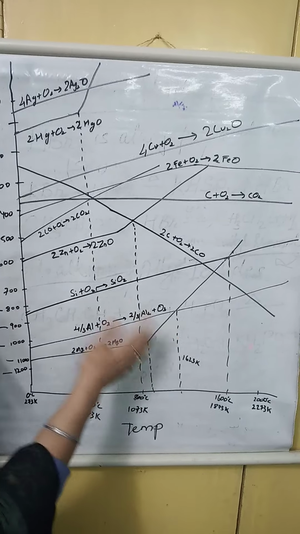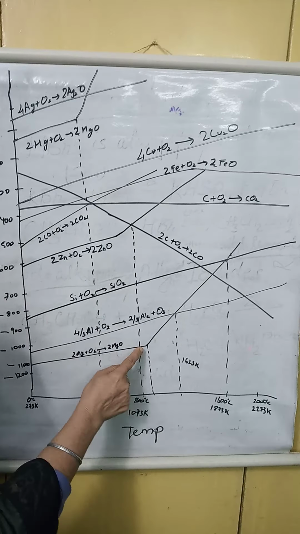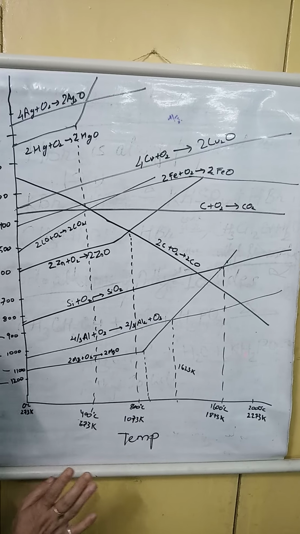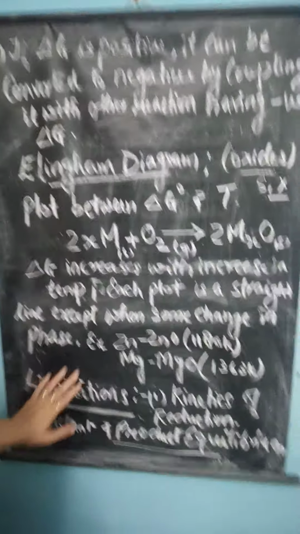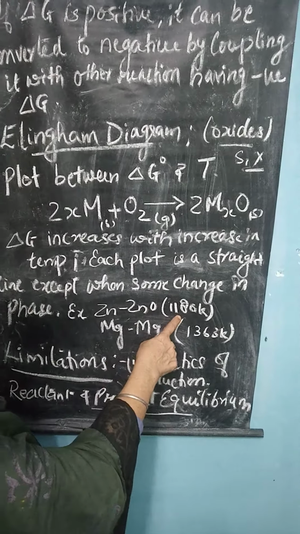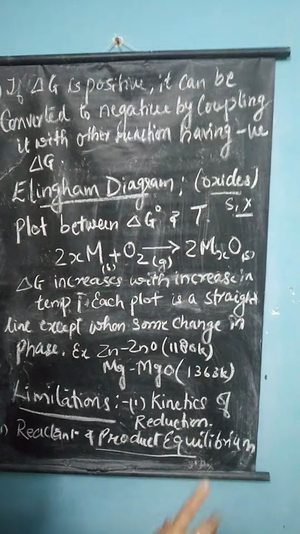Such a graph is seen here. And the point where it changes has a particular temperature. This we will study in more detail. Now, in this reaction, zinc changes to zinc oxide at a temperature of 1180, and you will find the same thing in the graph in your books also, children.